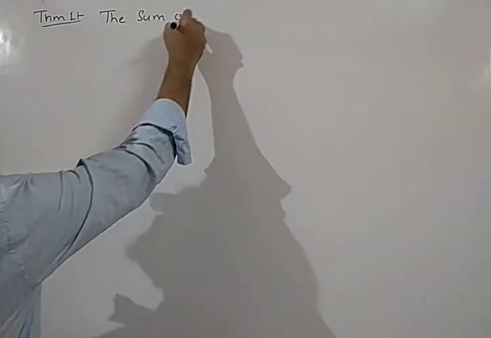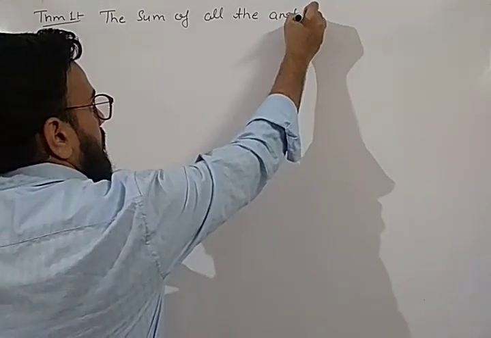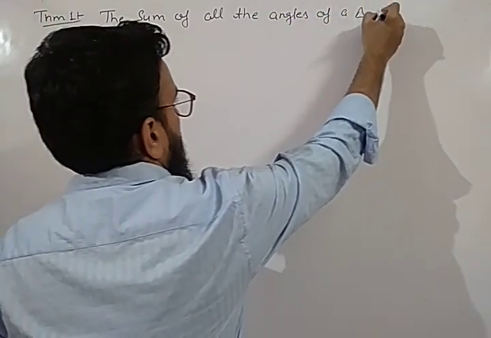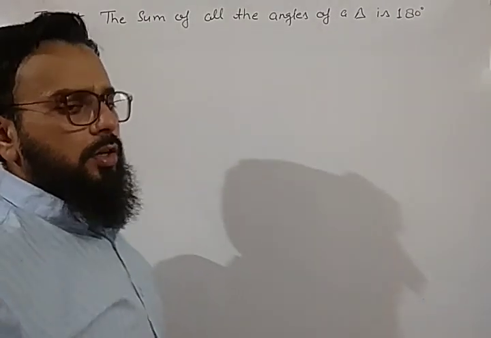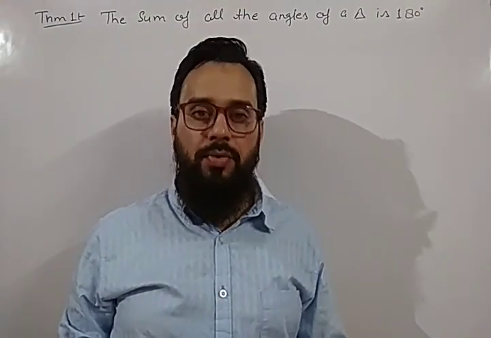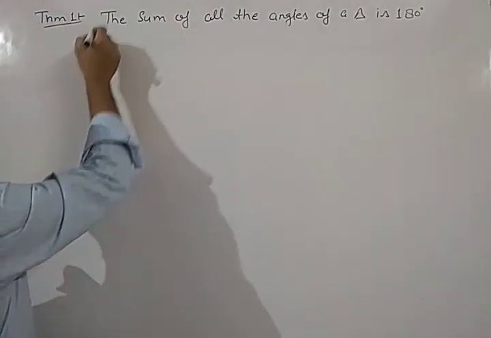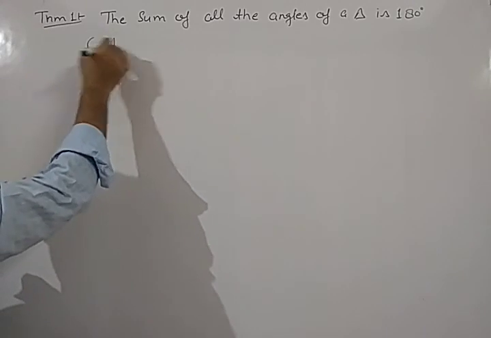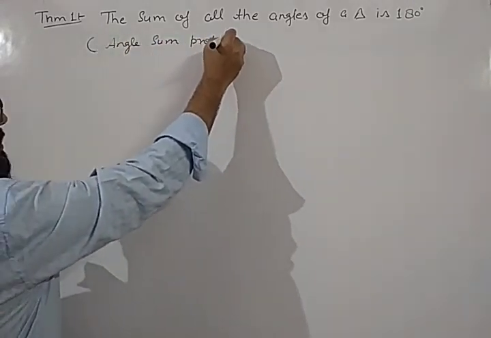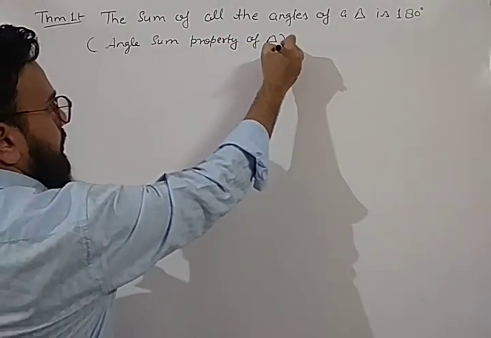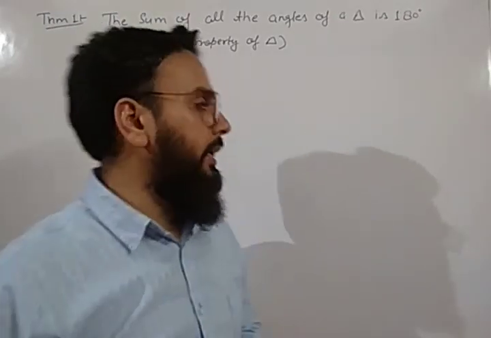And this theorem is also known as angle sum property of a triangle. The sum of all the angles of a triangle is always 180 degree.